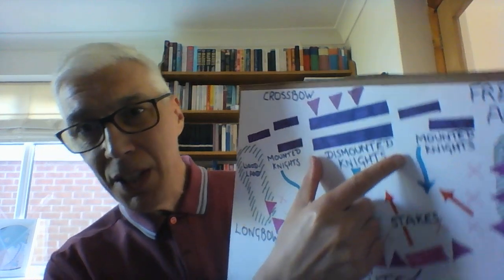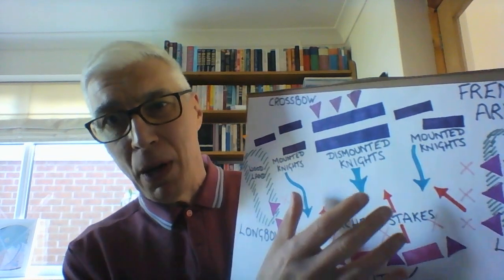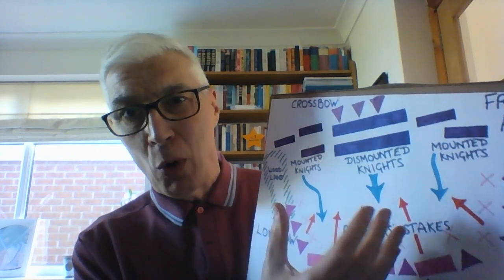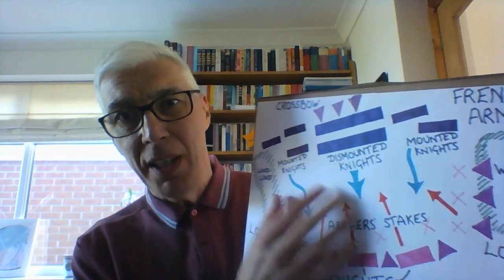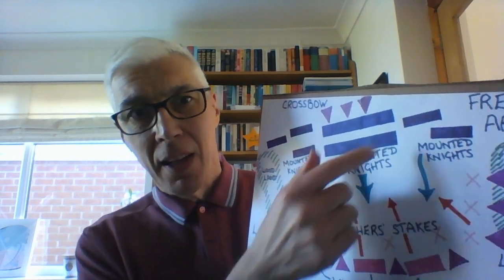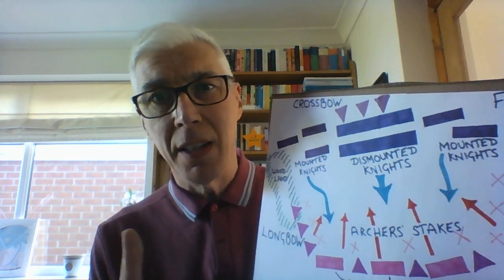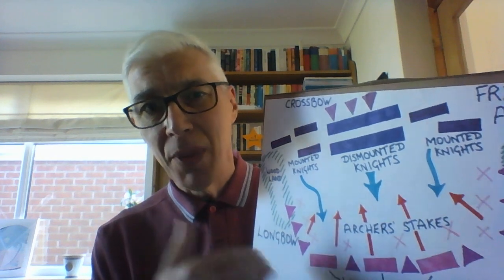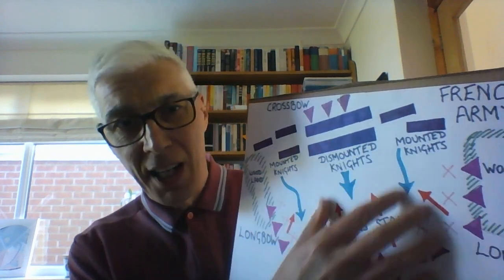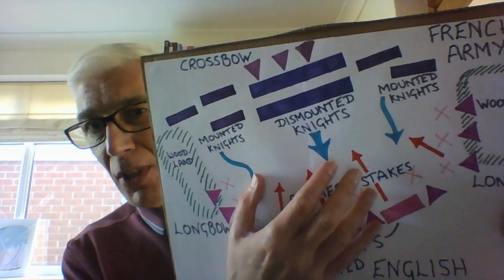The dismounted knights have had to step over all the corpses and the horses that have been killed by the longbows. By the time they have got near the battlefield, they're very tired. It's slow. It's poor progress. It's a bit of a mess. It's a bit of a confusion.